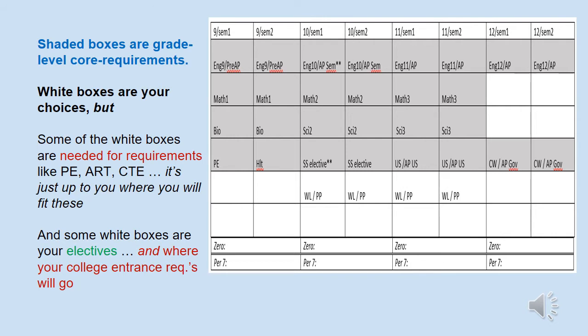Some of the white boxes are needed for graduation requirements, such as PE, art, and CTE, but it's just up to you where those are going to fit in your 4-year plan. And then some of the white boxes are going to be your electives, but for those of you that are planning on a 4-year college, you need to be smart about making sure that you are fitting in your college entrance requirements into those white boxes.